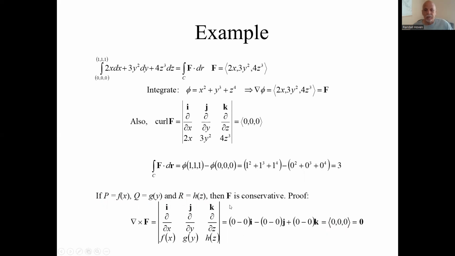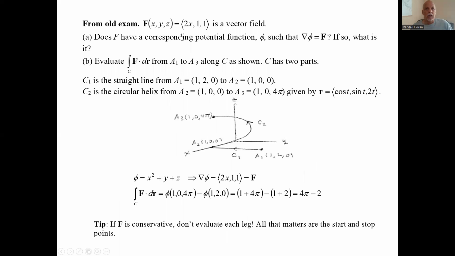And that's close enough to say it's conservative, but it's certain that the curl is 0. If you look at this vector function, that is true. So you can look at it and say, yeah, it's probably conservative, but we need to find the phi.